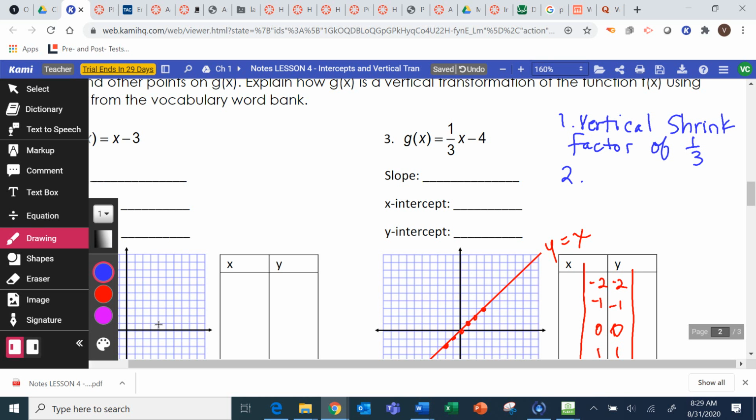The other thing is subtracting 4. If we subtract 4, that brings it down 4, but we use vocabulary: translate down 4 units.